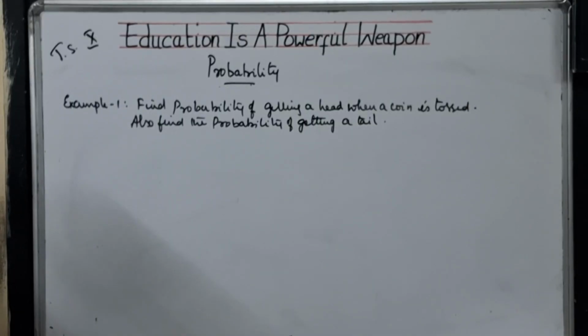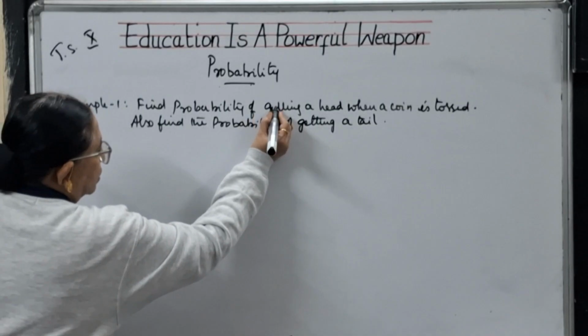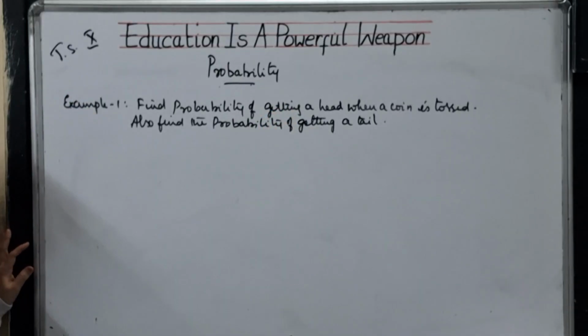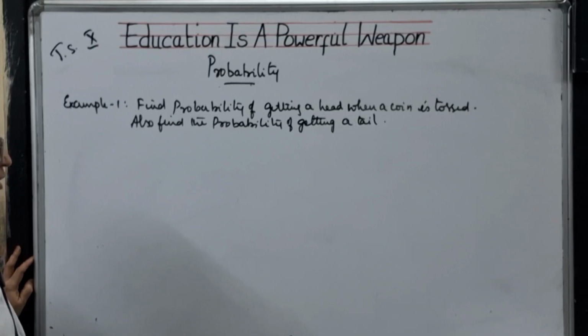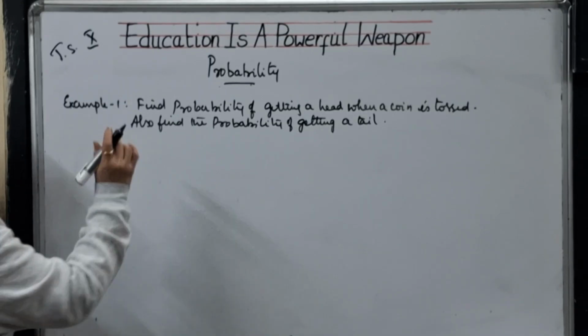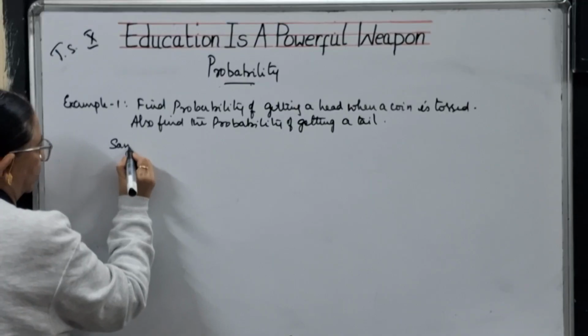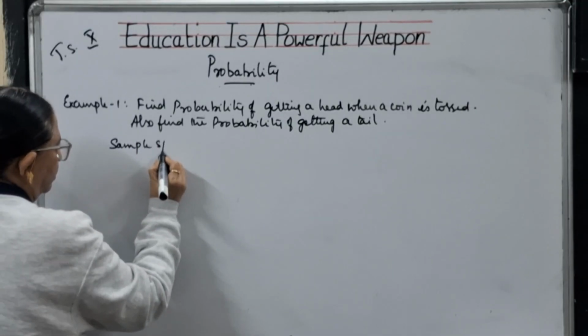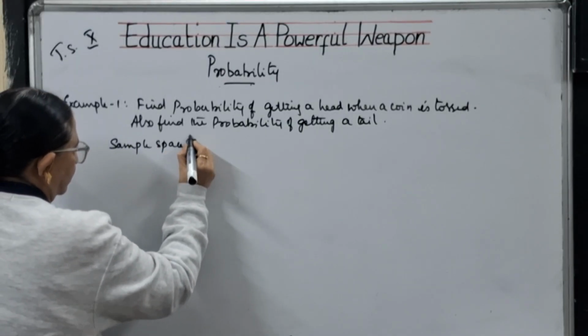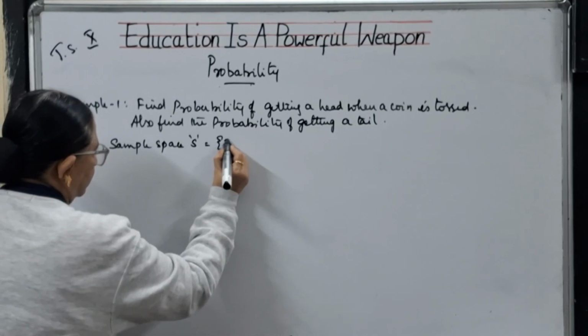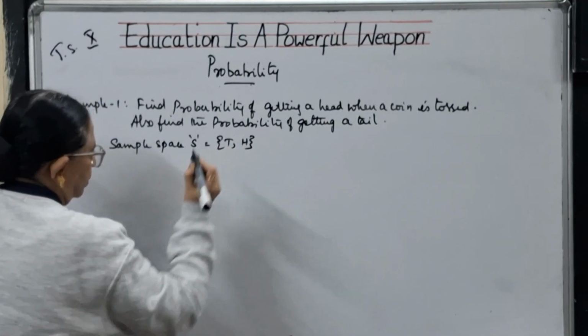Now example 1, children: find the probability of getting head when a coin is tossed. Also find the probability of getting tail. So here, let us write the sample space for the problem. Sample space is nothing but tail or head.